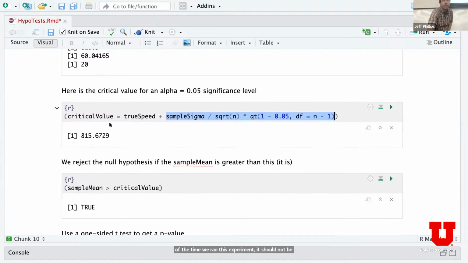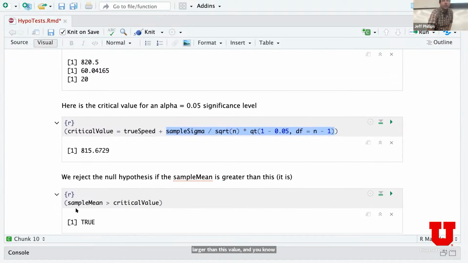And 820, the sample mean, compared to this critical value, is larger than that.